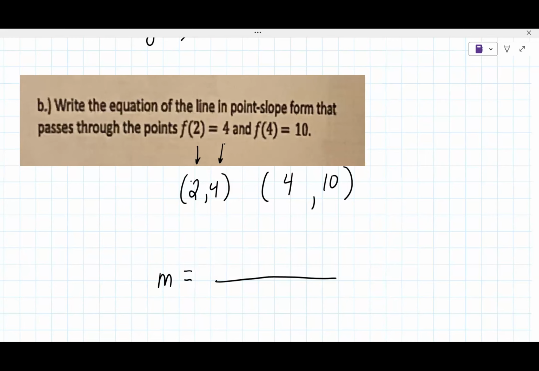The final answer is -3. Okay, that is not correct. You've got x1, y1, x2, and y2. Give that one more try.